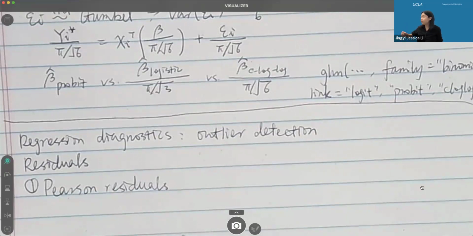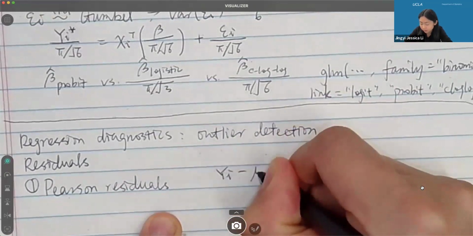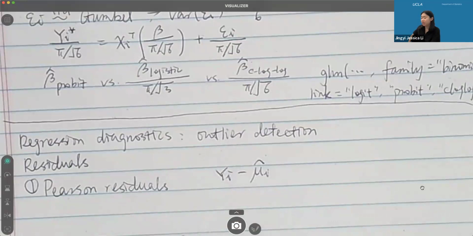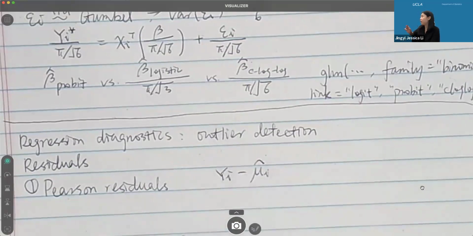Bear in mind that in the linear model, you can roughly think all the yi's have the same variance sigma square, the variance of epsilon I, even though we know the residuals don't have the same variance. You have to consider the hat matrix. It's actually 1 minus hii times sigma square, where hii is the ith diagonal entry of the hat matrix.